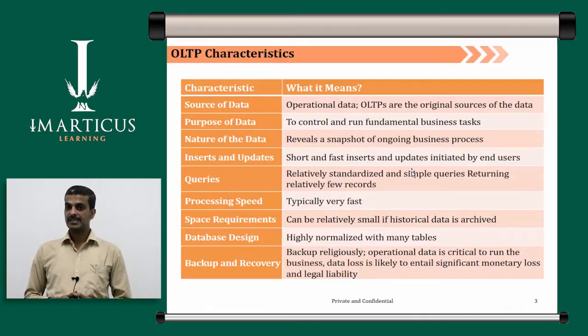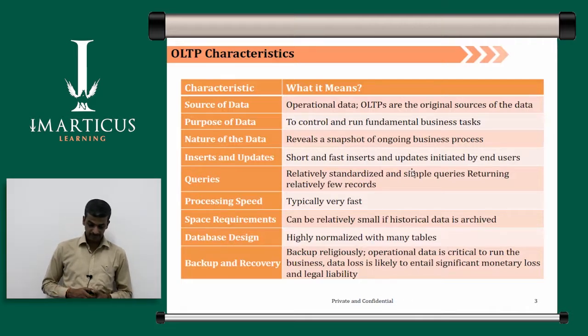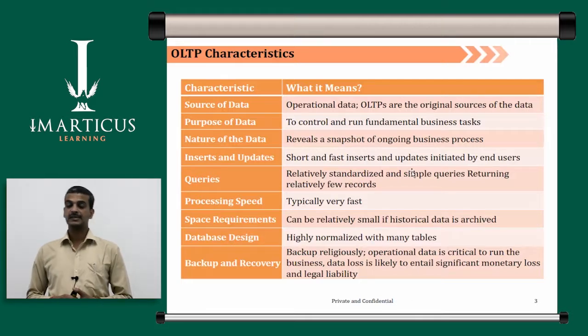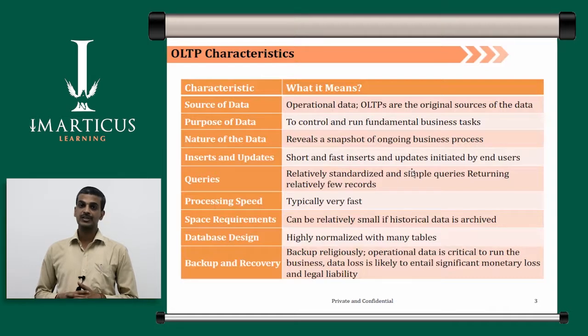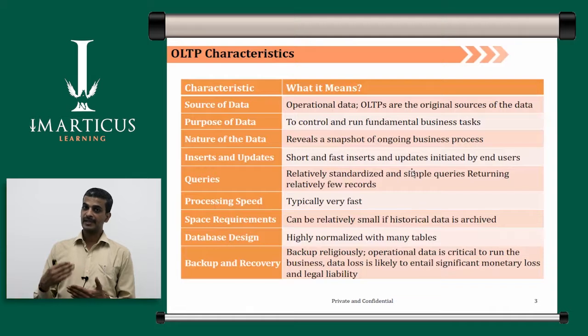In terms of database design, this is highly normalized with many tables. So whenever you create databases in any RDBMS, we have a process called normalization, and we have various phases of normalization, which we call normal forms.